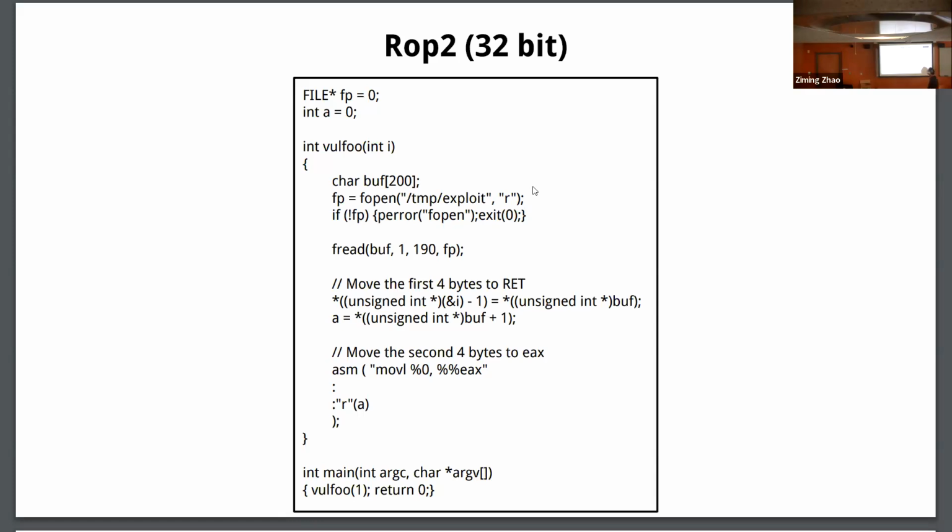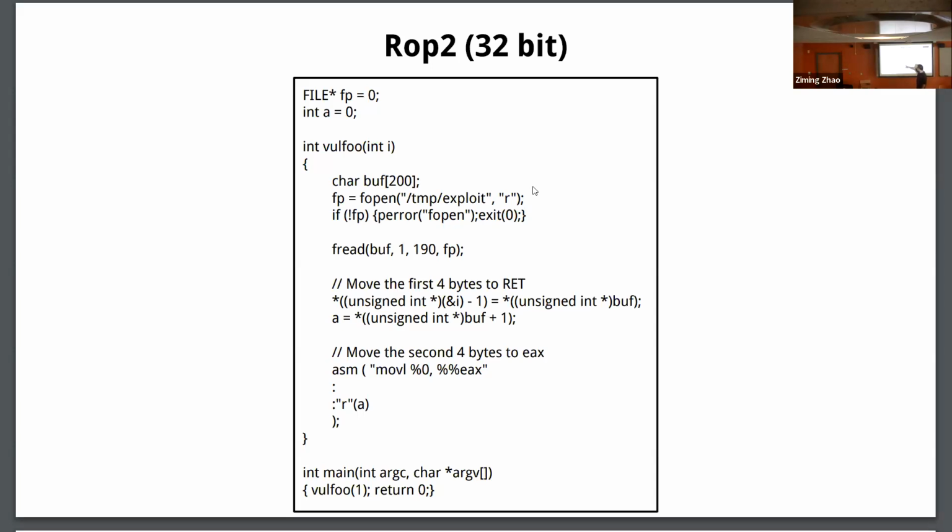The second thing is that the second 4 bytes in your exploit will be moved to the register EAX. The syntax here is AT&T syntax, not Intel syntax. The 0 here represents the first argument.